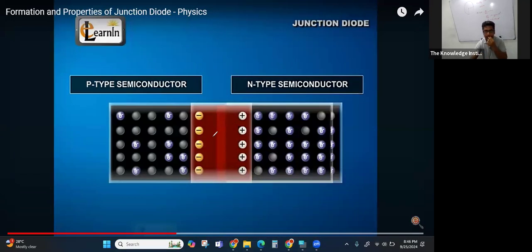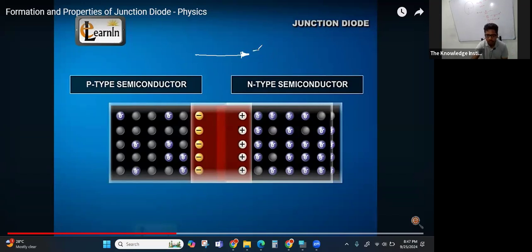Okay, so we studied what diffusion is. Diffusion is due to the concentration gradient. There is a large concentration gradient as soon as we connect the P type semiconductor and N type semiconductor. Due to this concentration gradient, the electrons diffuse from the N side to the P side, and holes diffuse from the P side to the N side.